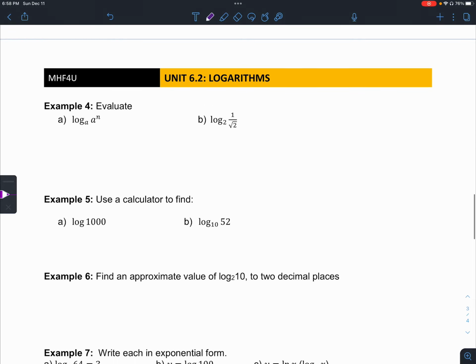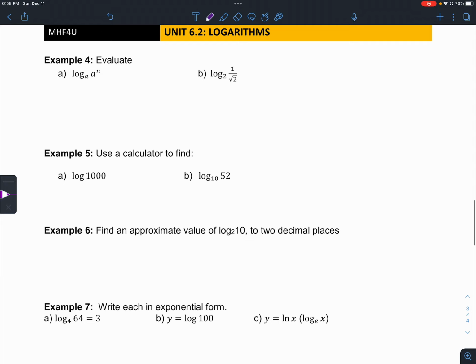All right. So moving on to this example here, we want to evaluate these. So we have log to the base a of a to the exponent of n. So if we set this equal to x, and that's always a good idea, and we now convert this to exponential form, then we're going to have a, which is the base, to the exponent of x is equal to a to the exponent of n.